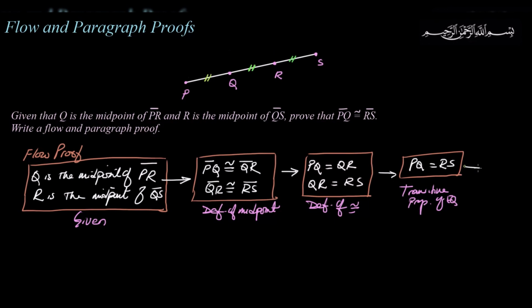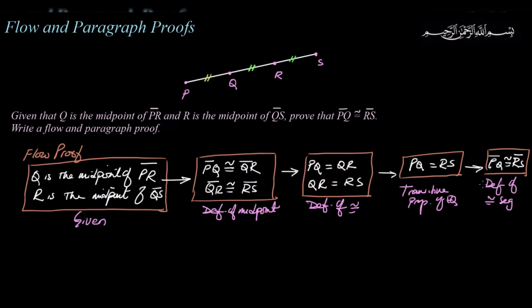Well, that's easy enough, because then I can say PQ is congruent to RS. Why? Because that's the definition of congruent segments: two segments are congruent if their lengths are equal. So that's an example of a geometric flow proof.